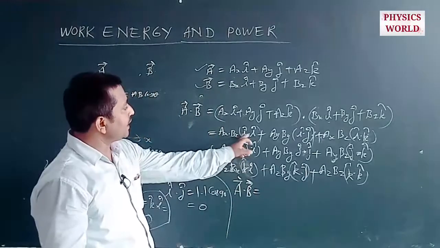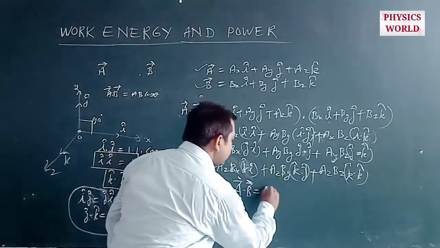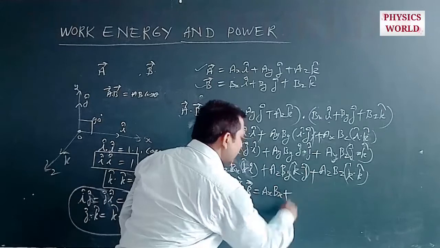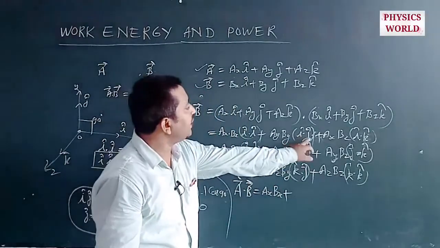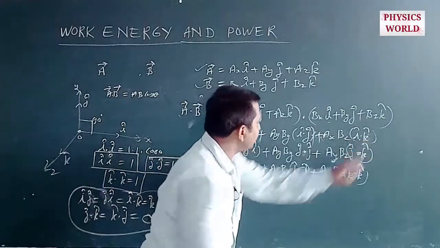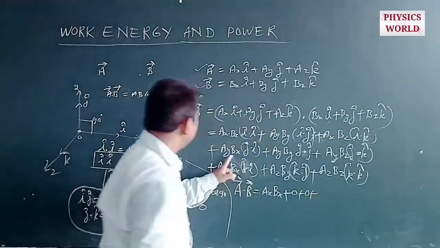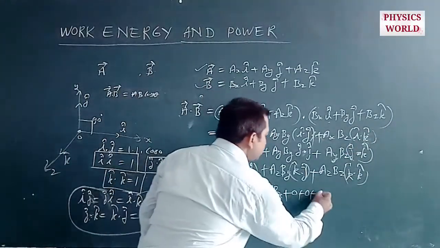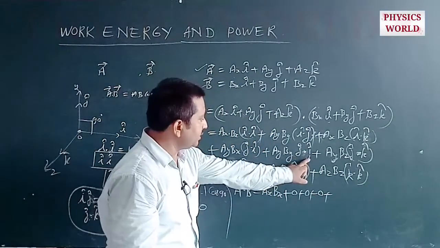As you know, i dot i equals 1, so ax bx plus i dot j, this becomes 0, plus i dot k, this becomes 0, j dot i, this becomes 0, j dot j, this becomes 1.